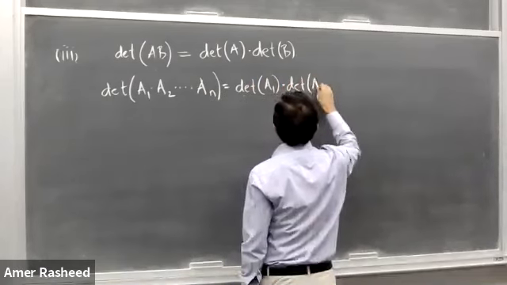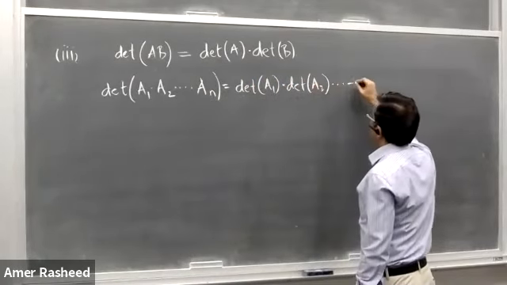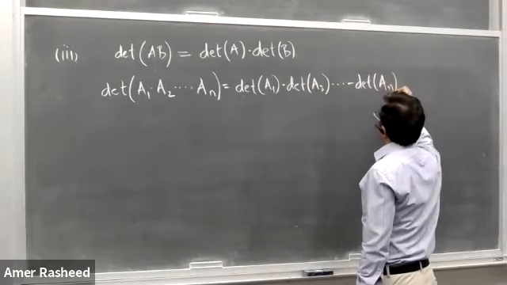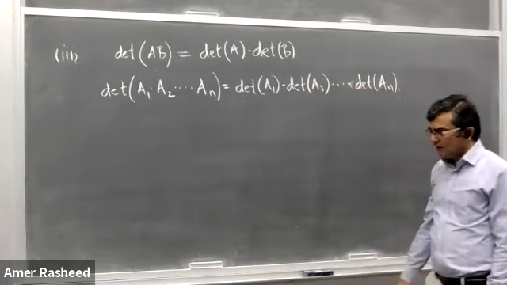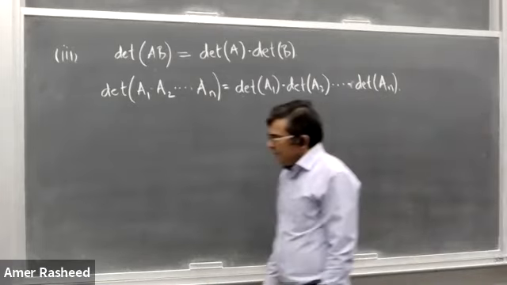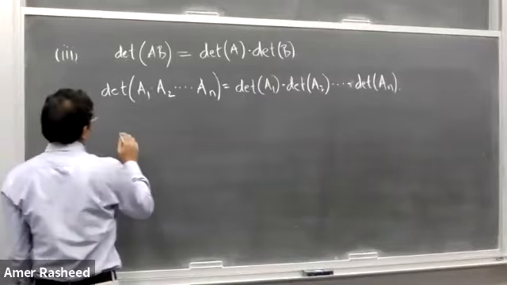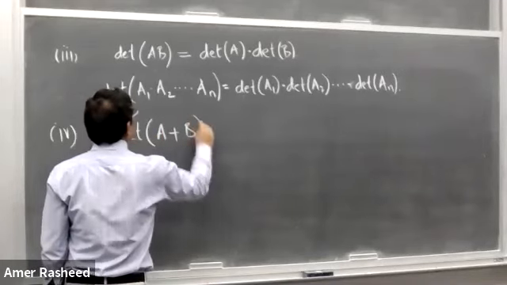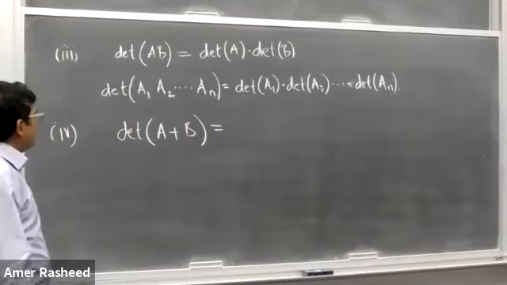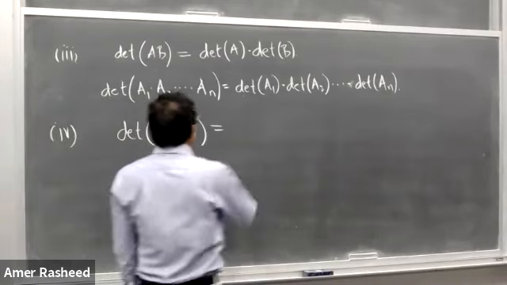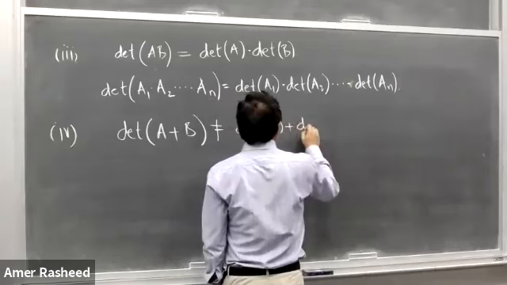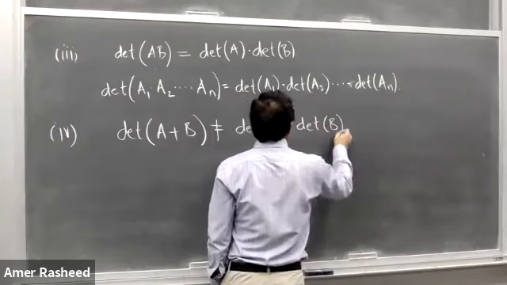This is another property of determinants which we can use. But remember that it is very important. Many students make this mistake: the determinant of A plus B is not equal to the determinant of A plus the determinant of B. Remember this.